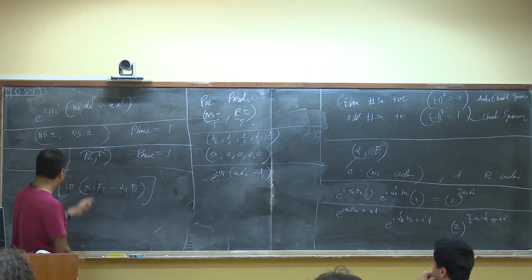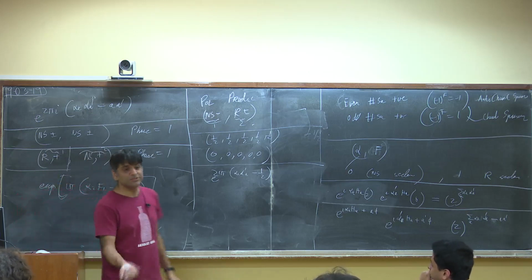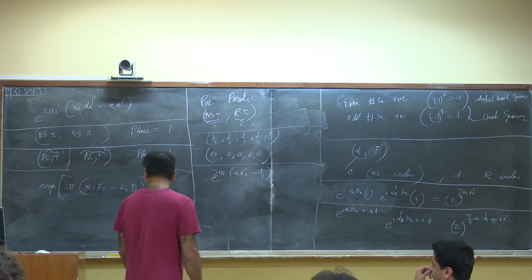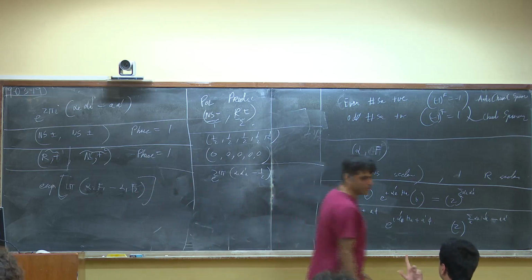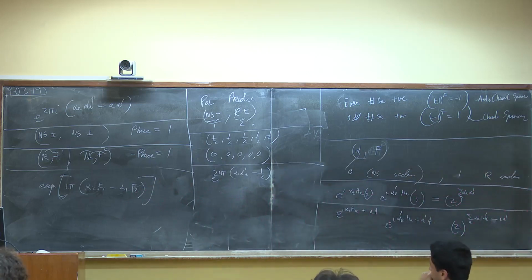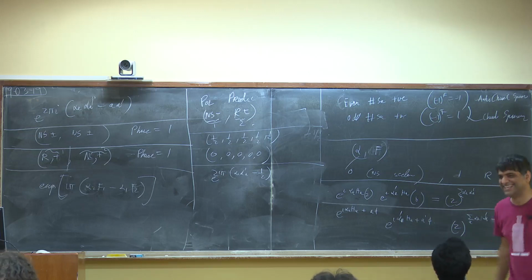So this would be F1 minus F2. Now, if one of the Fs was 1 and the other one was 0, you'd have trouble. Right? So this is the general formula, and you can test it. Would you like to check one Ramond sector, or are you happy? No, everyone's happy.